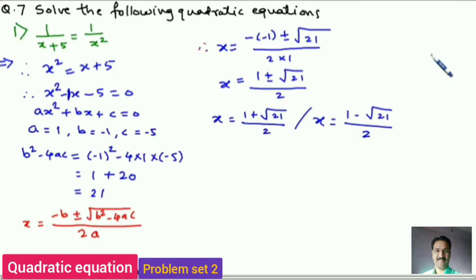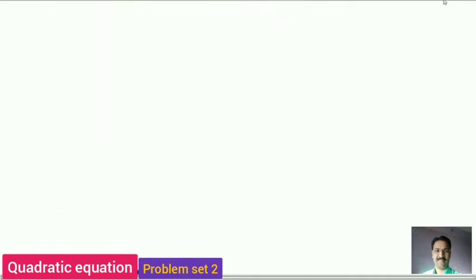Just see here, this is very important. Listen very carefully. The second sum, in the same example, is x square minus 3x upon 10 minus 1 upon 10 is equal to 0.